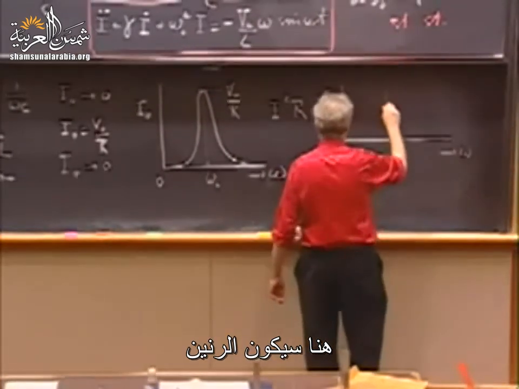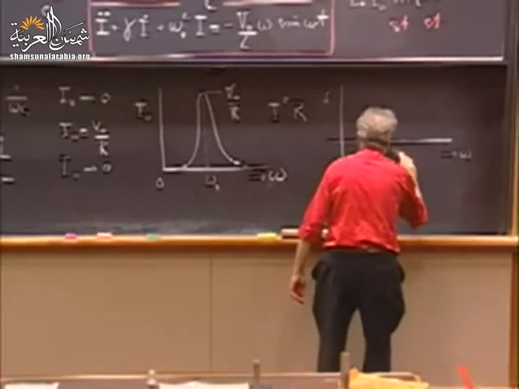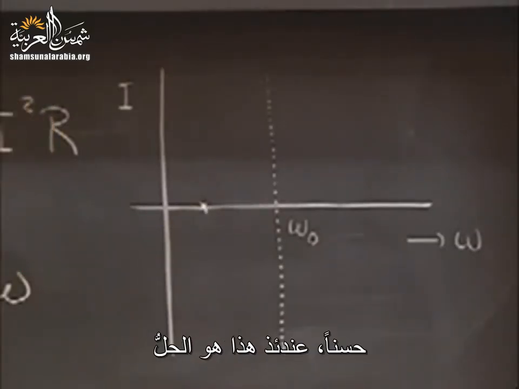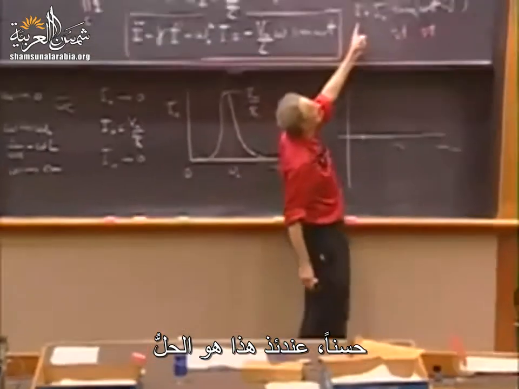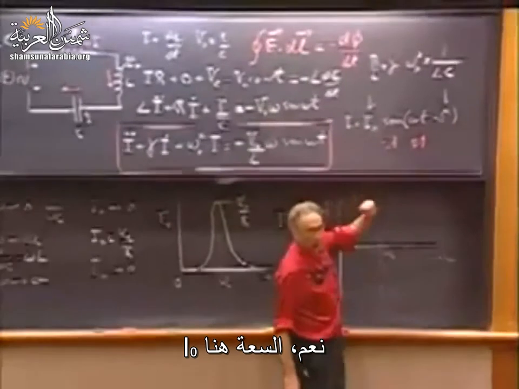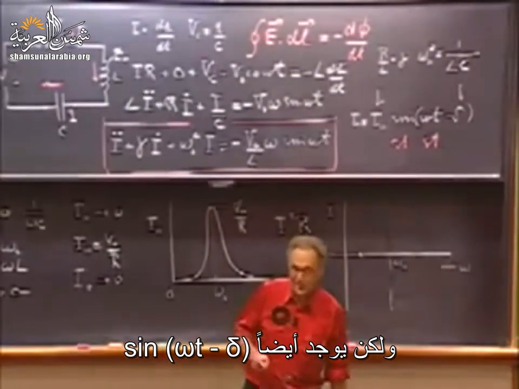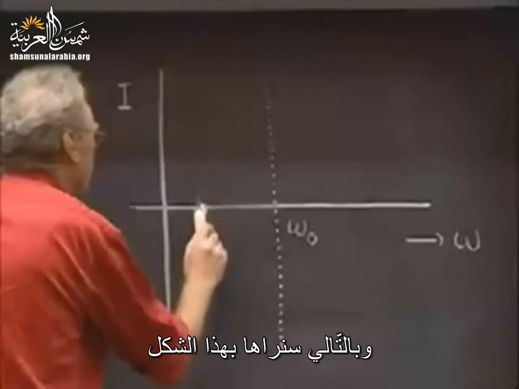Here being the resonance. Let us suppose I pick this omega. Well, then this is my solution. So yes, the amplitude is I0, but here's the sine omega t minus delta. So all you will see then is this.